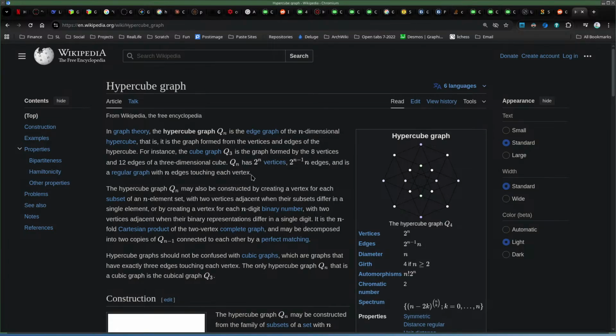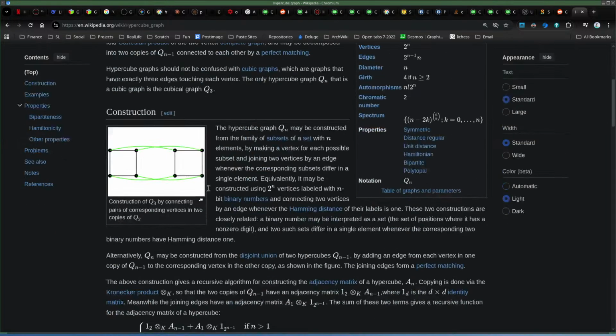Qn has 2 to the power n vertices and 2 to the power n minus 1 times n edges. It is a regular graph with n edges touching each vertex. Where's my Hamilton?